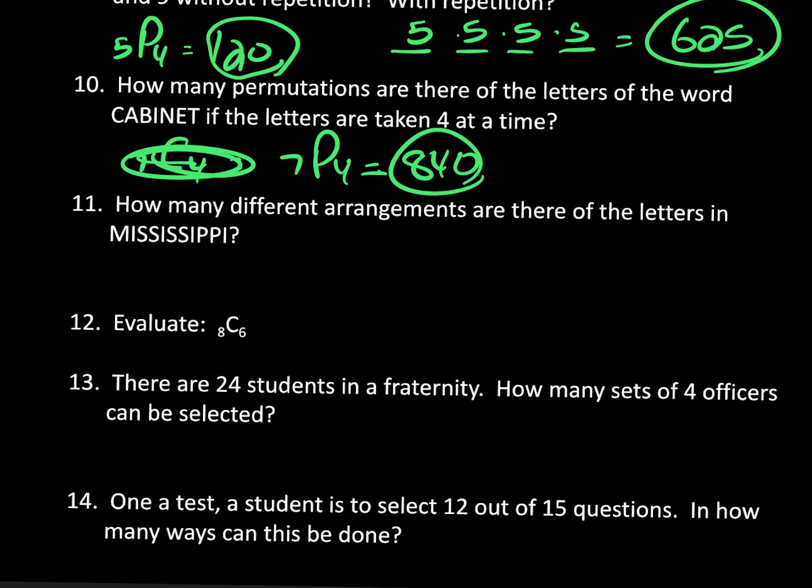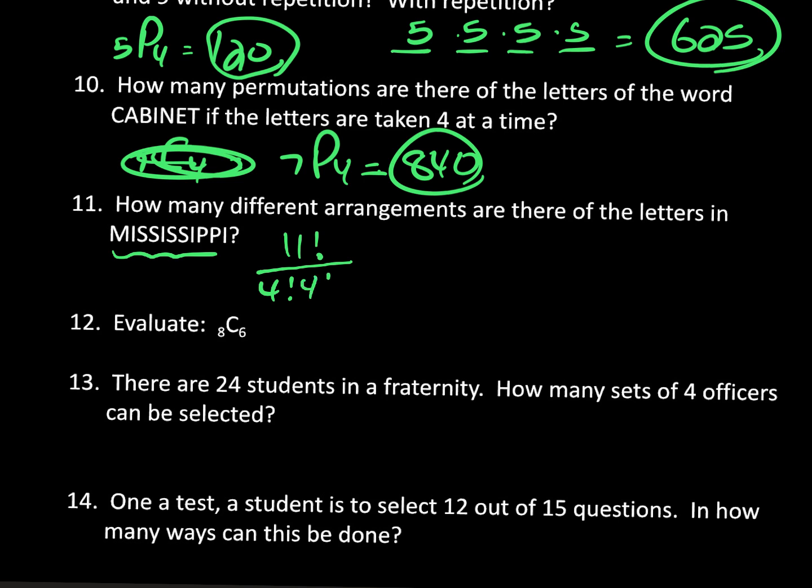Number 11, the difference between 11 and 10 is 11 is the word Mississippi. Mississippi has letters that repeat, and it's a special problem. When you have items that repeat, the way we work that out is we take the total number of letters in Mississippi, which looks like there are 11 of them. That goes in your numerator. In your denominator, you put all the letters that repeat. For example, there are 4 S's, so you go 4 factorial.